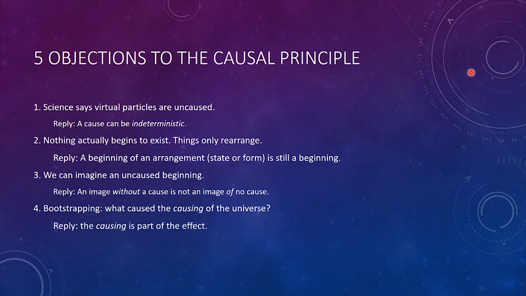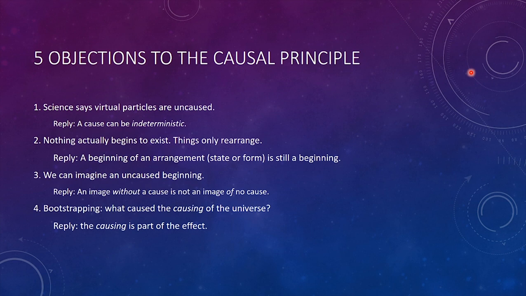My one thought is that the causing is actually part of the effect. I talk about this in my book, How Reason Can Lead to God. I've got a chapter where I work through various objections, including this one. There, what I suggest is that the causing is not some additional event that has to first be caused in order to produce the effect, but rather the causing is part of or subsequent to the effect.